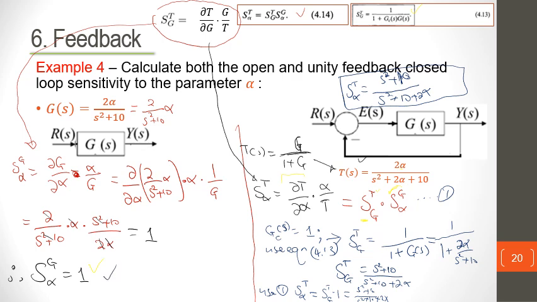However, the sensitivity of the closed loop at that stage where s is equal to 0 is going to be 10 over 10 plus 2 alpha. So this is likely going to be less than 1, depending on the value of alpha. If alpha is 0, it's going to be 1. If alpha is larger, it's going to be much less than 1, which means the closed loop will be less sensitive to changes in parameter alpha as compared to the open loop.